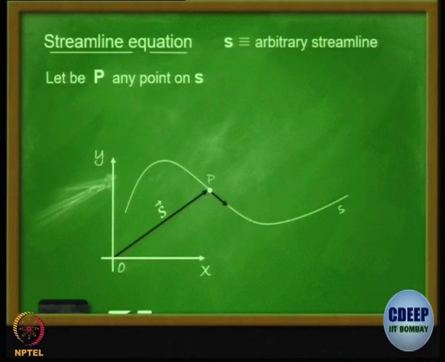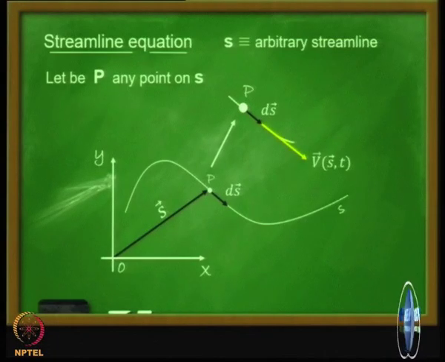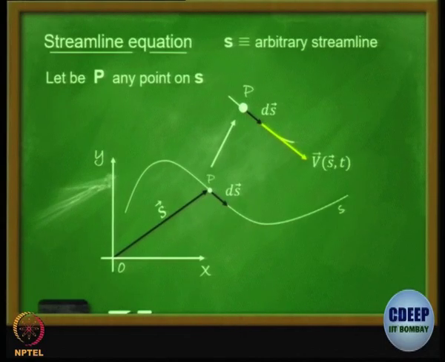By definition, if we have a small distance ds along the streamline, and if you focus there, the velocity has to be tangential at that particular point P by definition of streamline, where V is a function of S and T.